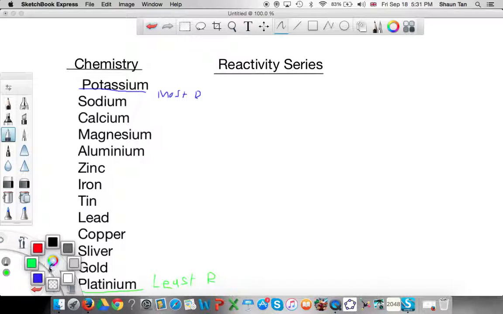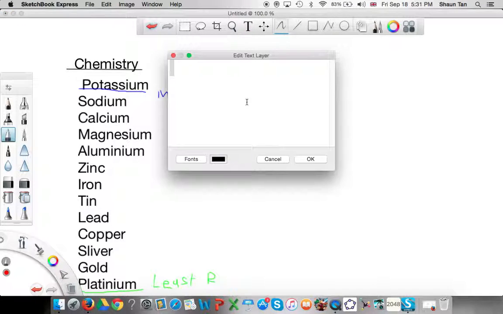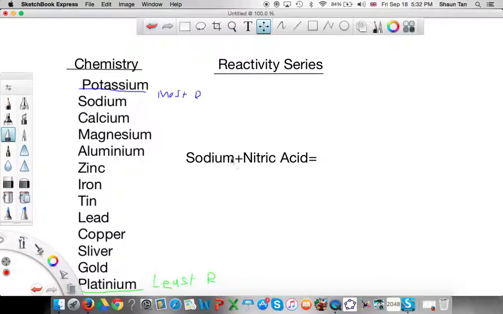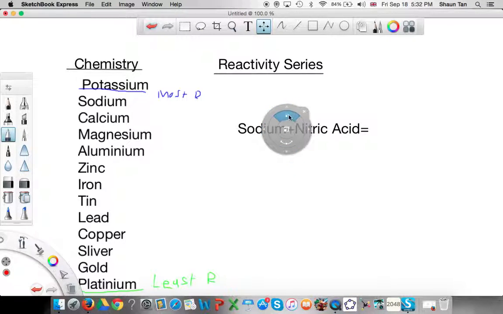So now, as I said, we can move on to do some examples. Let's look at the first example. Here we have sodium plus nitric acid.